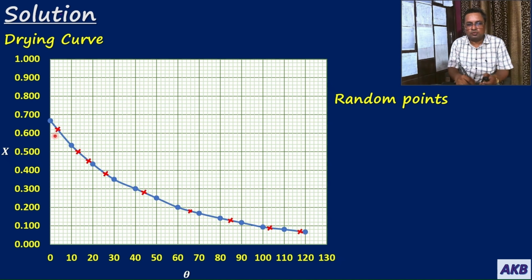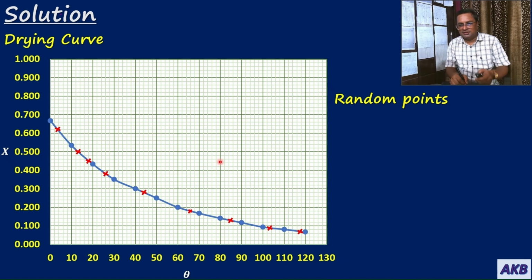So I have selected 1, 2, 3, 4, 5, 6, 7, 8 and 9 random points. You can select more than 9, no problem. But at least 8 to 10 points you have to select, because we will need them for plotting the rate of drying curve.